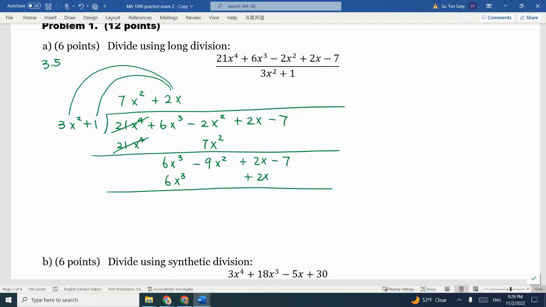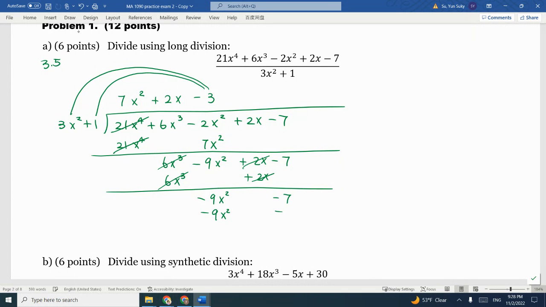Use the first line, subtract the second line. 6x cubed cancels. Negative 9x squared stays here. 2x minus 2x cancels. Negative 7 stays here. Okay. We keep going. What multiplied by 3x squared to get negative 9x squared? Negative 3, right? Negative 3 times 3, negative 9x squared.